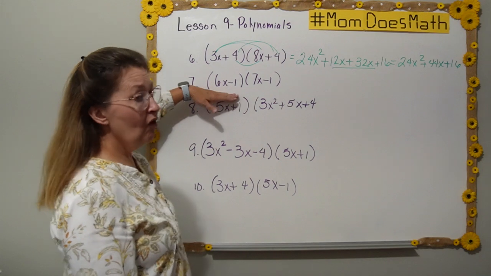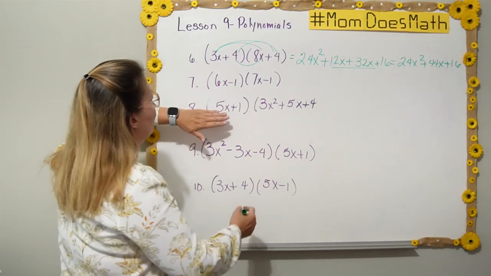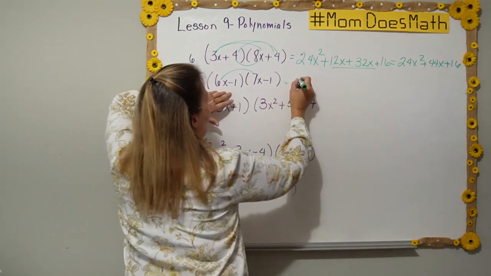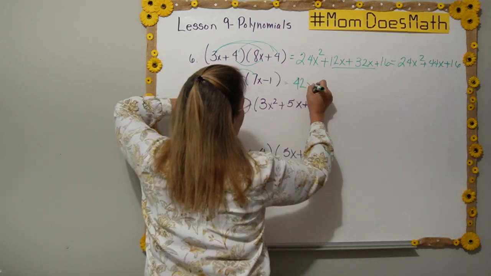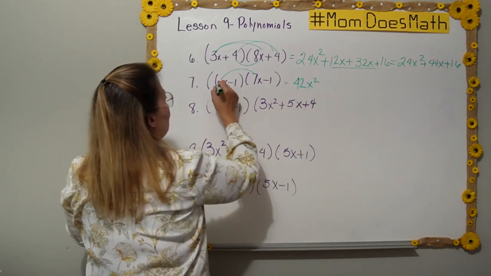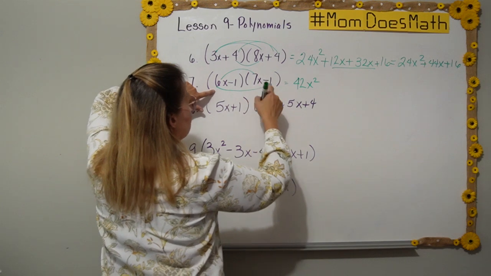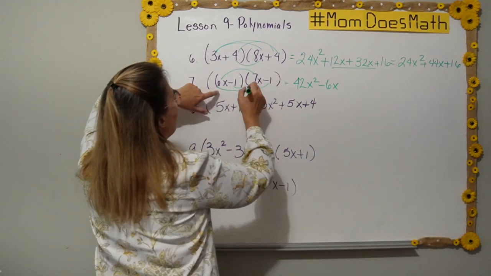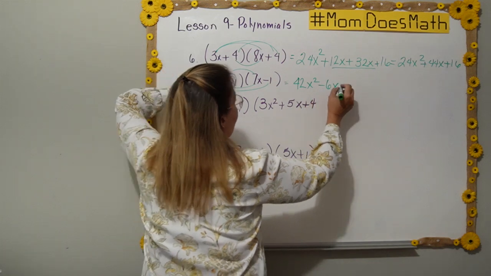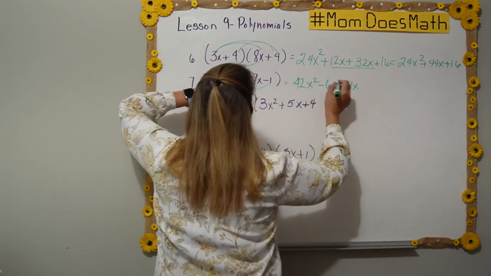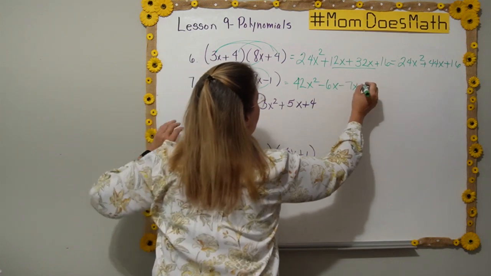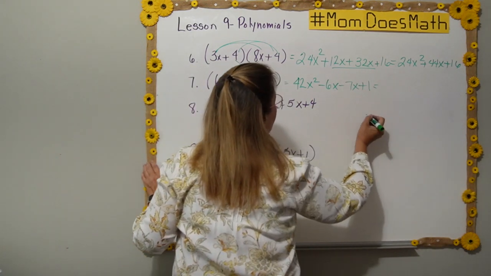Okay, here's another FOIL. Binomial times binomial. So we're going to do the first two. 6 times 7 is 42x to the second. Your outside, 6x times minus 1 is minus 6x. Your inside, minus 1 times 7x is minus 7x. And then your last two, negative 1 times negative 1 is positive 1.